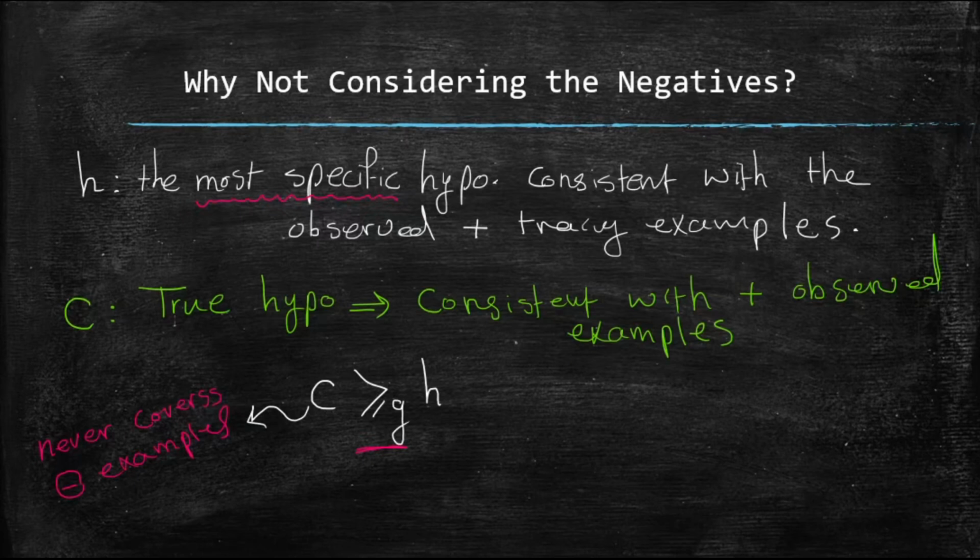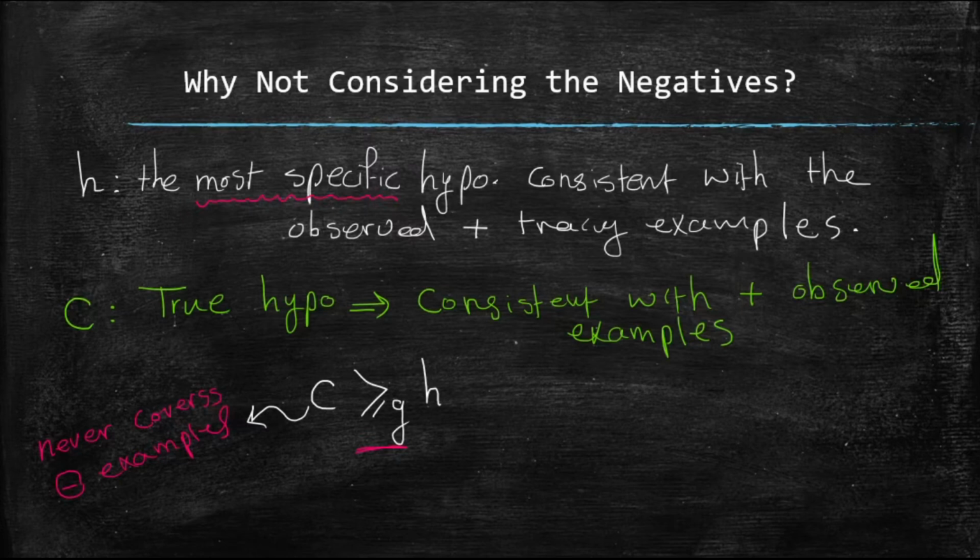hypothesis H, right? Because when C is more general, when C is stronger, more encompassing than our hypothesis H at any stage of our exploration, and if the negative examples cannot satisfy that hypothesis C, and C is more general than or equal to hypothesis H, then how could those examples satisfy our hypothesis H?